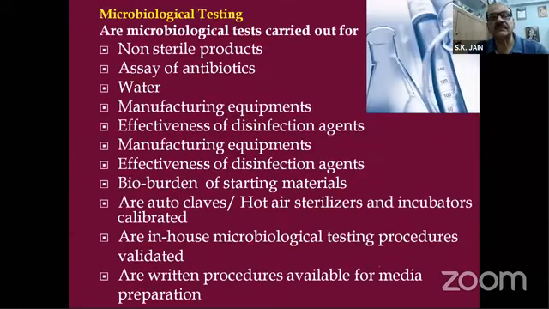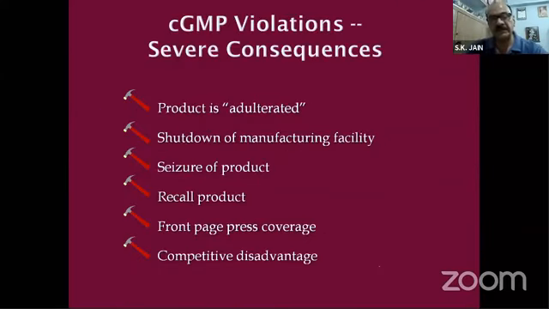Then these are all the guidelines for the different processes which are taking place in the pharma industry, GMP guidelines. And if you want a quality product, then we must follow the current good manufacturing practices. Only then we can get the quality product with zero defect.